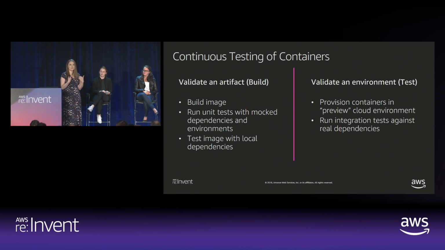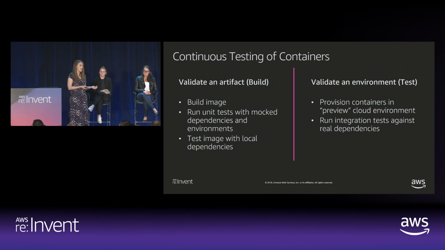We're only validating that the container image we think is valid. But what happens when we deploy that container image into one of these environments like Fargate, against many microservices that might be calling it and it may be calling, and then using these managed services in AWS like DynamoDB and RDS?